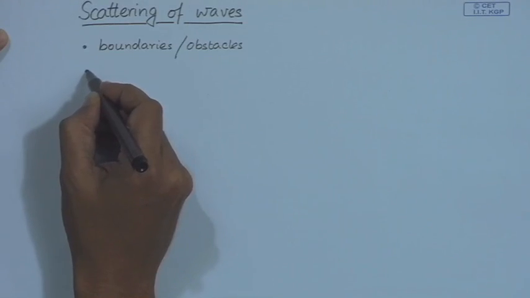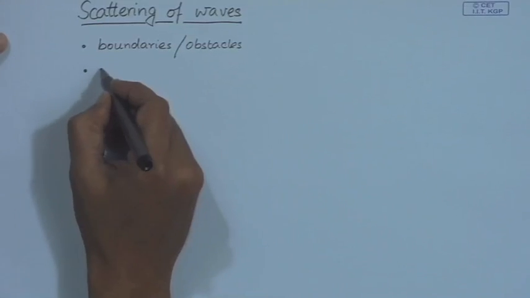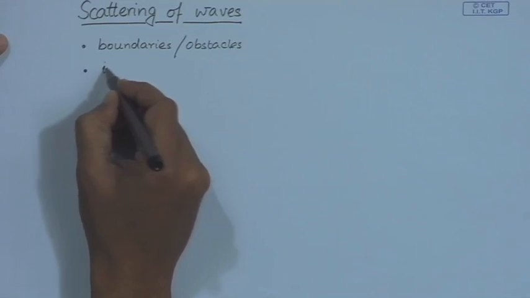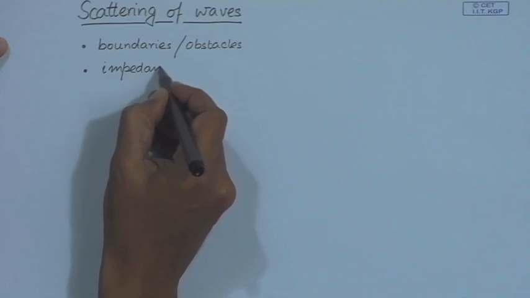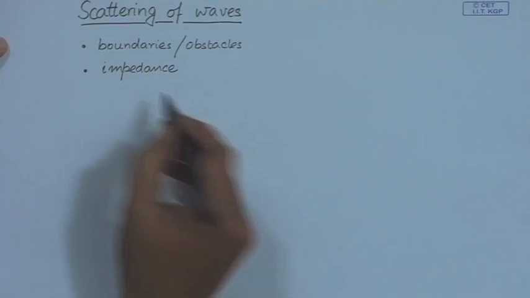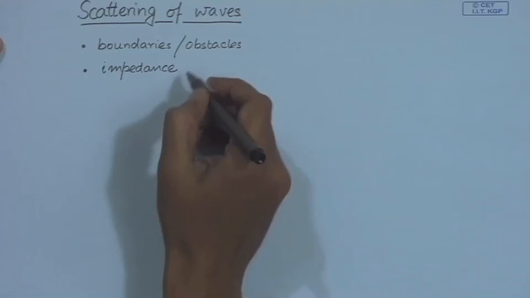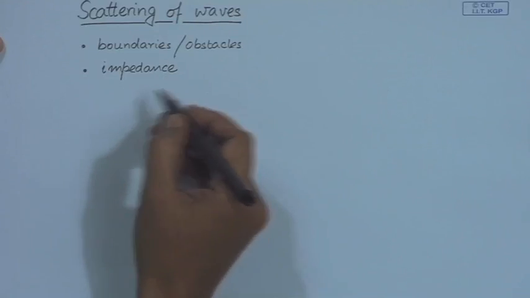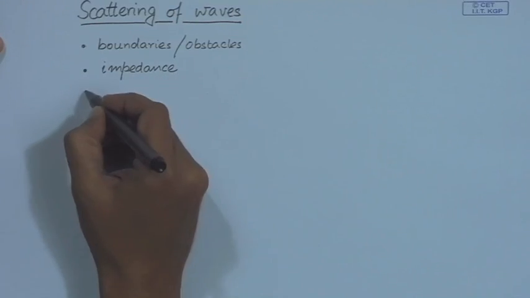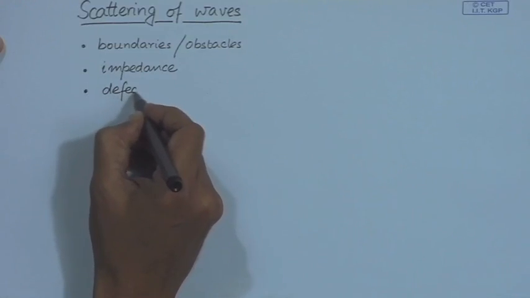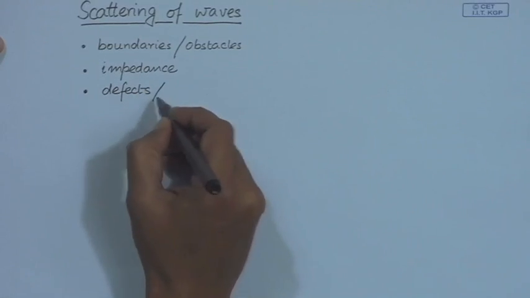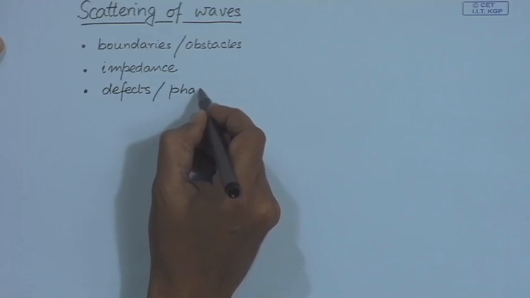It can take place at some finite impedances, let us say boundary damping, or it can take place at defects or phases.